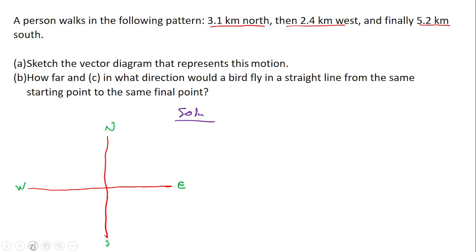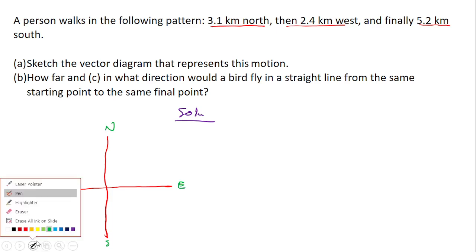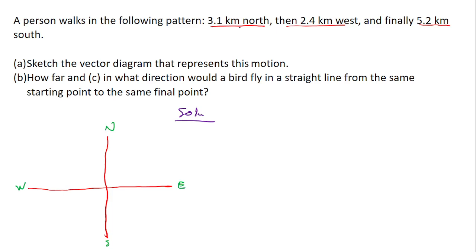After knowing that, the next thing is to understand the movement of this particular motion. The first is 3.1 kilometers north, meaning it moves northwards 3.1 kilometers, like that. So this movement is 3.1 kilometers.